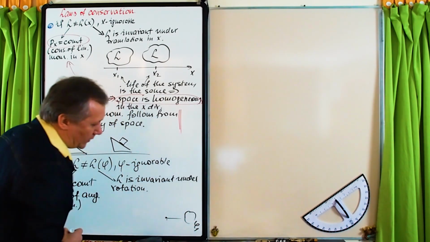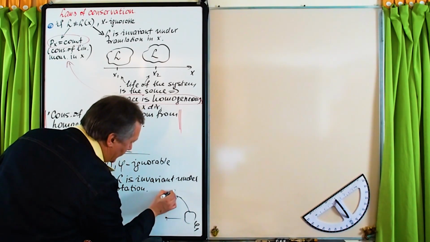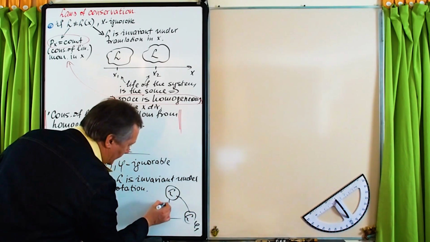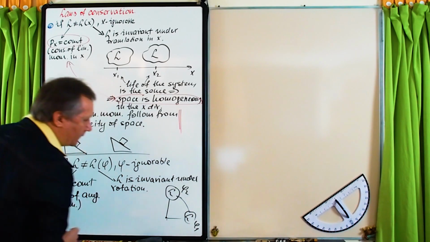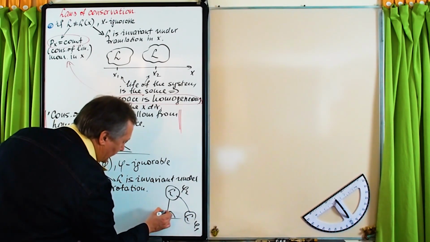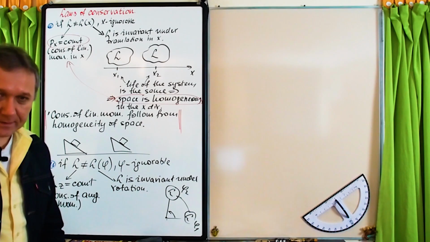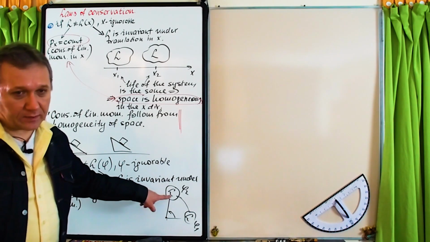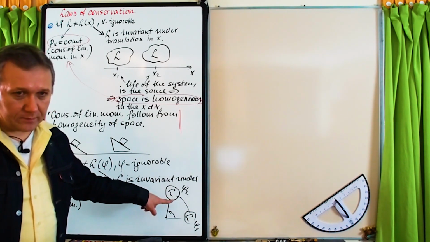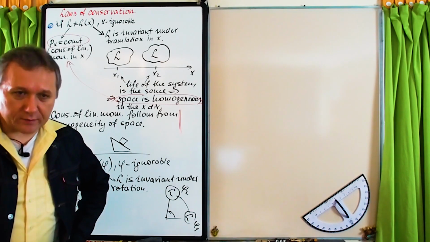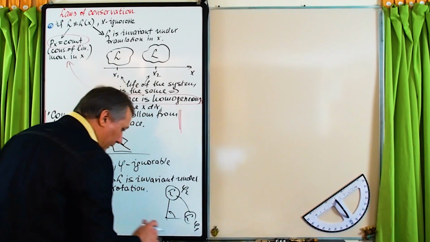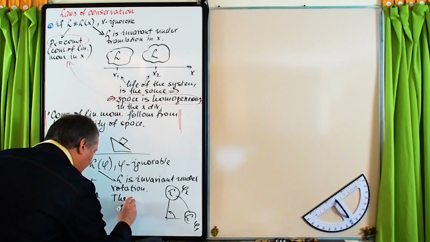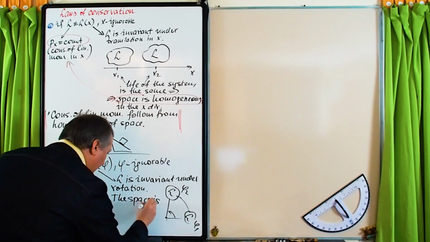Then if you turn it, let's say the system will be here, it will be exactly the same Lagrangian. And this is at the angle phi 2. So you turn it by delta phi. So the life of the system at this angle and the life of the system at this angle will be exactly the same. So in this case, space is isotropic.